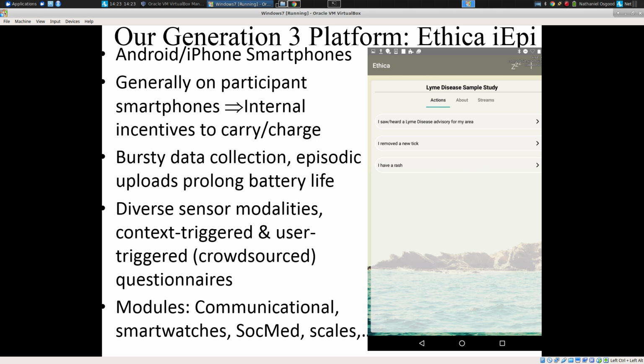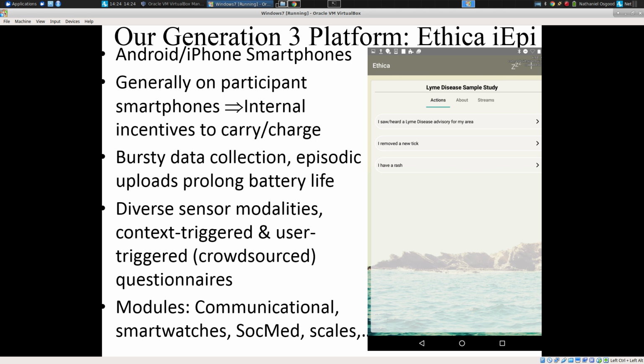Some are poor individuals who do not have their own phones, but gratefully accepted them from the study. Others are higher SES individuals who have their own phones and just installed it. Typically, for most studies, we install it overwhelmingly on people's own phones because they want to carry them for other reasons. But for particularly vulnerable people, we do sometimes hand out smartphones.